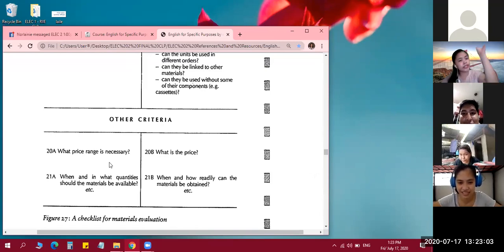Then after answering all the subjective analysis questions, I'm going to look for the material. Okay, I'm going to look for the material and then answer objective analysis, which is B. What is the price? So, I put it here, it's 245.